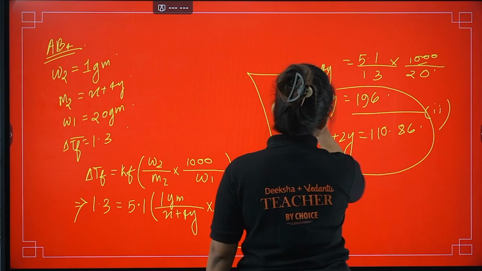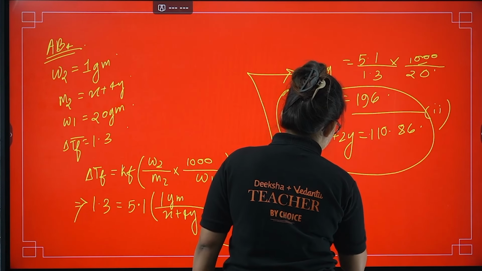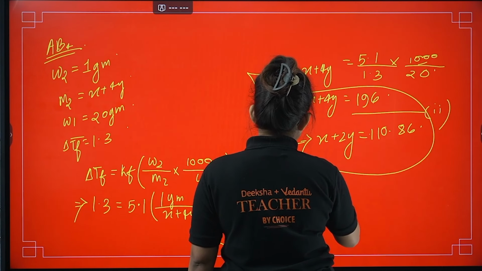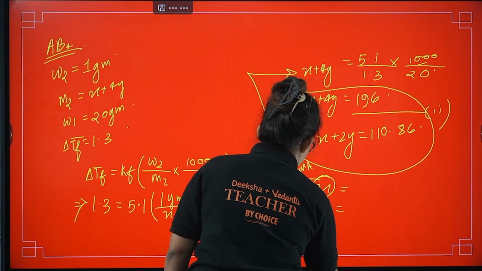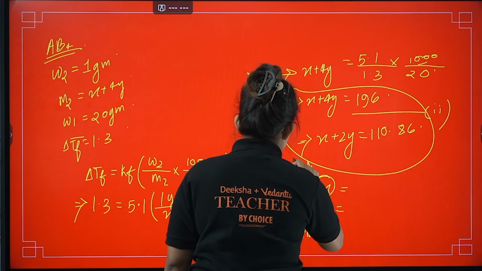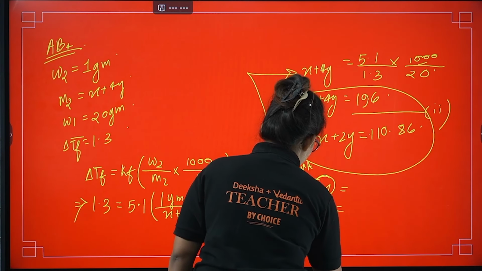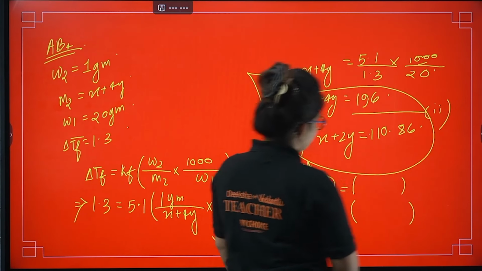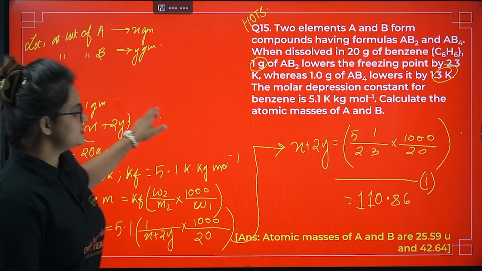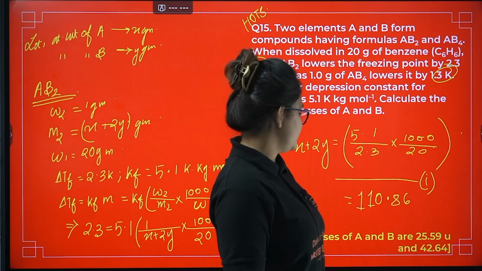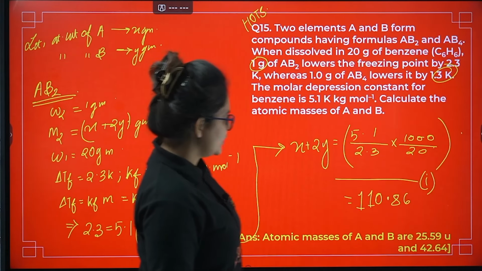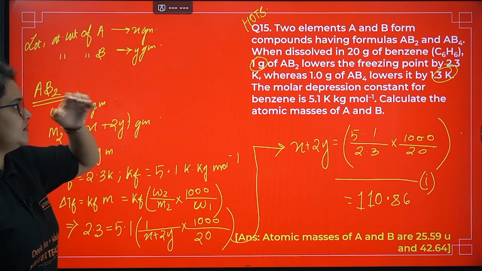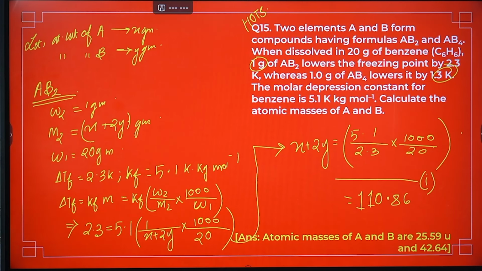If you solve these two equations, your x value and y value will come. x is the atomic weight of A and y is the atomic weight of B. If you solve these two equations, you will get 25.59 for A and 42.64 for B. I guess this is clear, a little bit tricky one, but it's a good problem. Okay, let's go ahead.